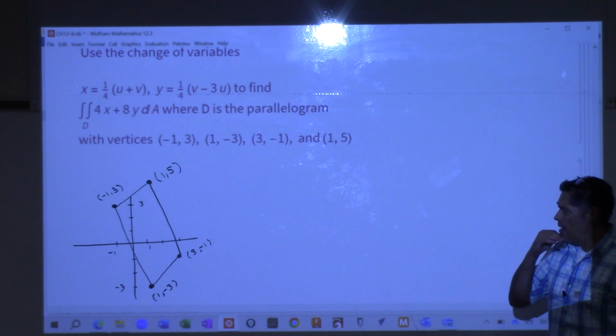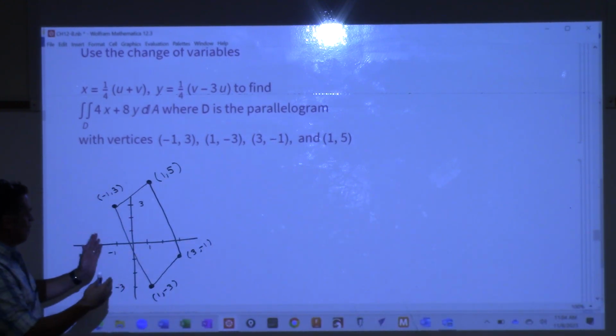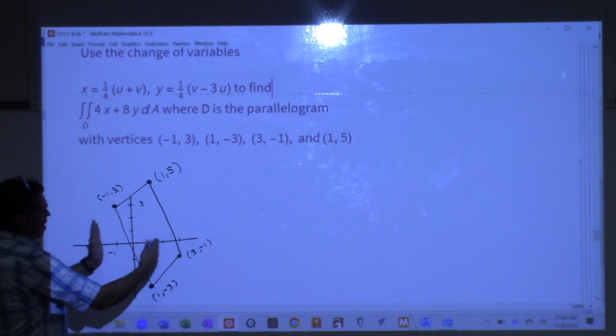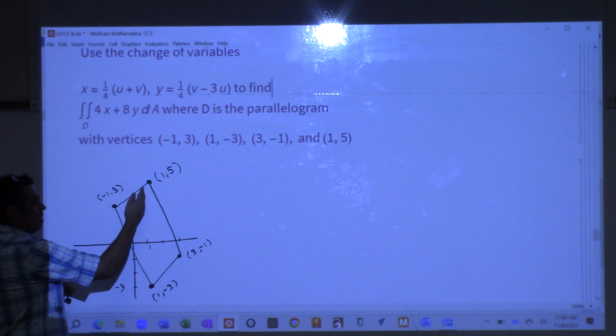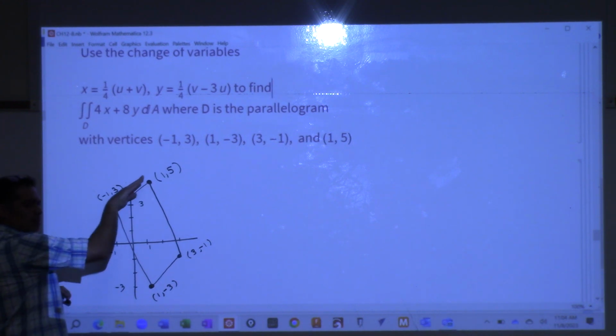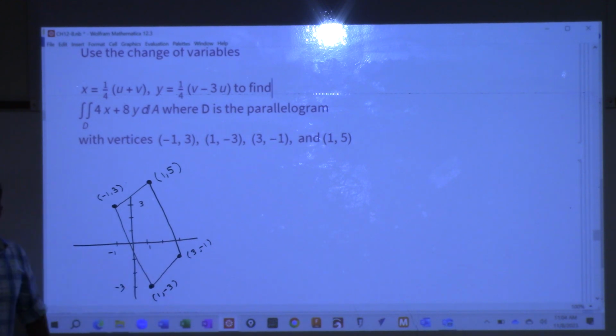You might have to break it up, though, because if you do type 1, where your x's are between two constants and your y's are between two functions of x, you're going to have to split it because you've got a certain line here, and then below it changes, right? So I just want to say that given the amount of time and effort it's going to take us to change the variables, we probably could just do this problem directly. But we want to illustrate the change of variables process.